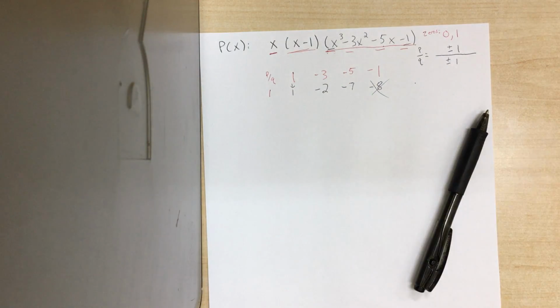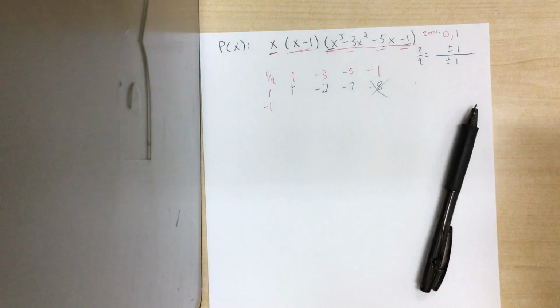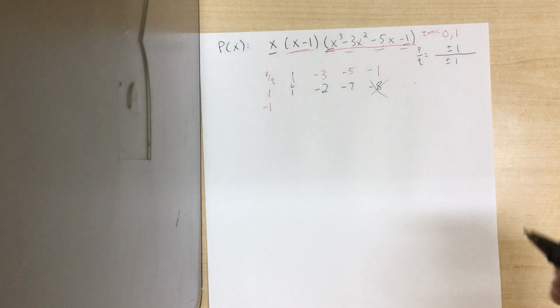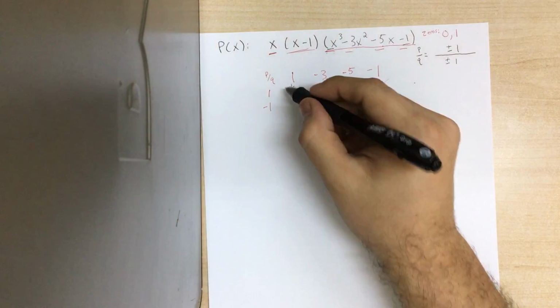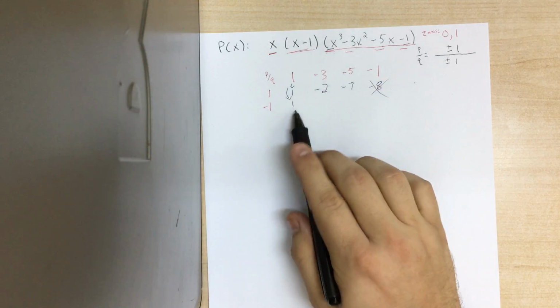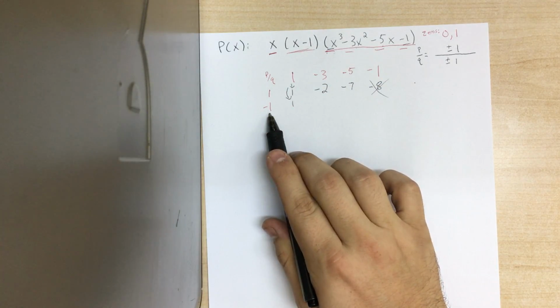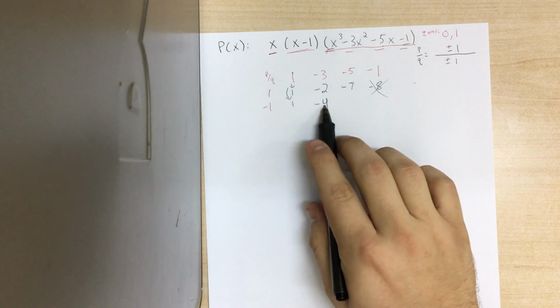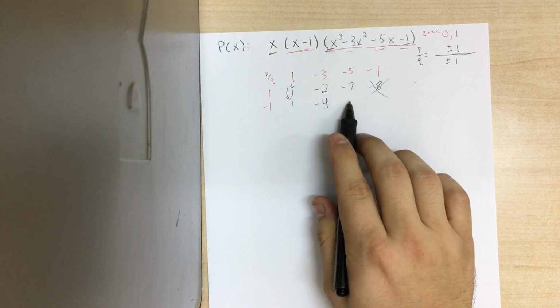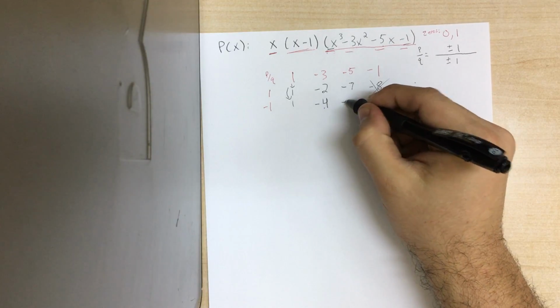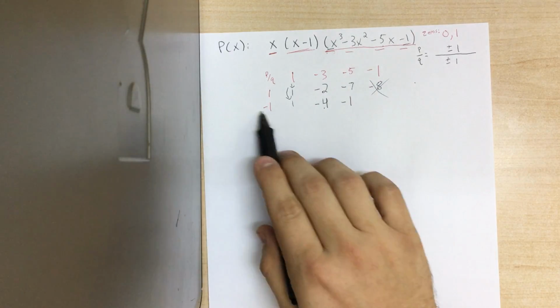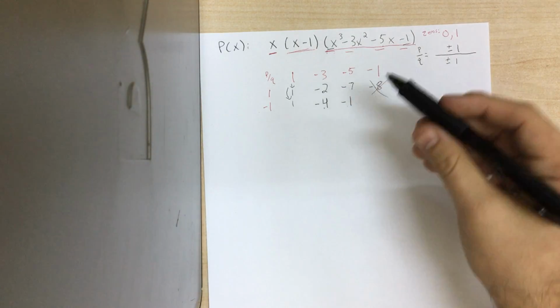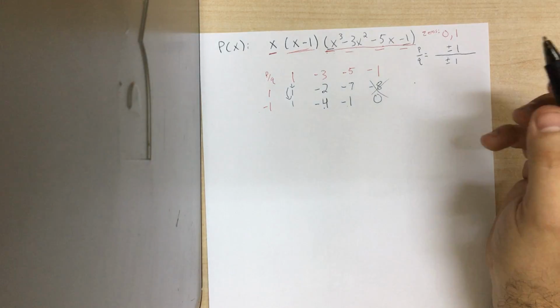So let's test out the possible root of -1. And hopefully that should give us 0 for a remainder. So drop down 1. -1 plus -3 gives us -4. +4 plus -5 gives -1. And then +1 plus -1 gives us 0, which is perfect.